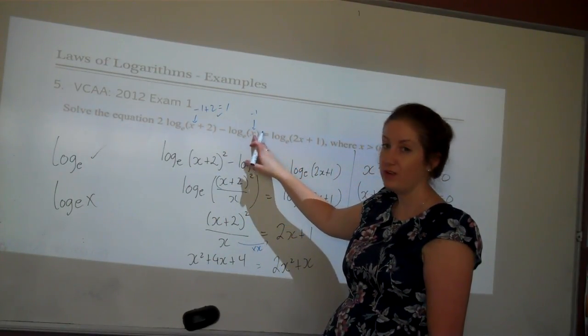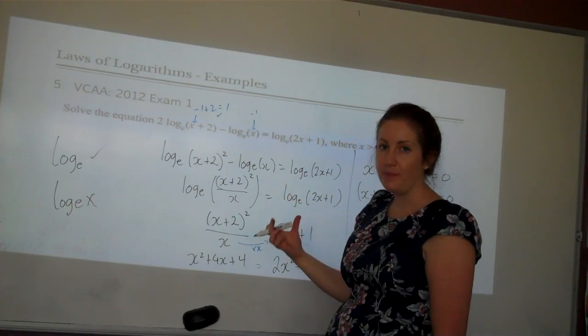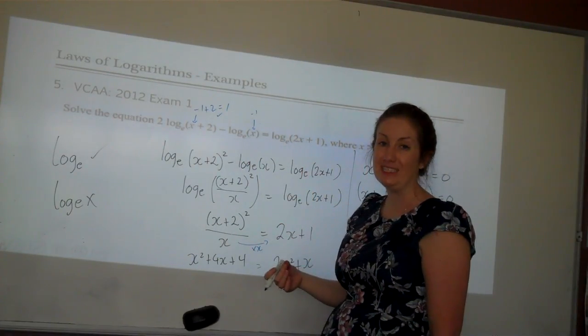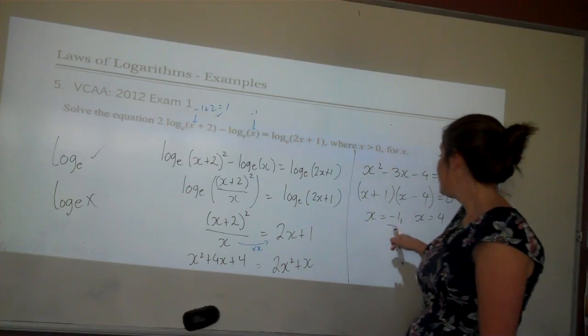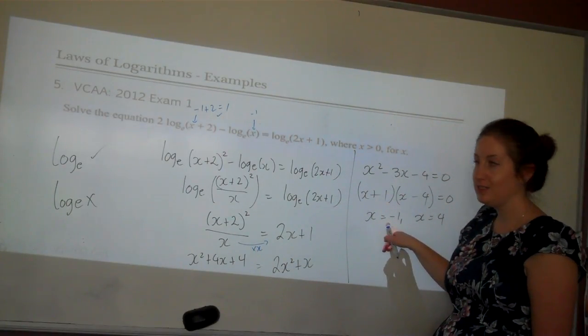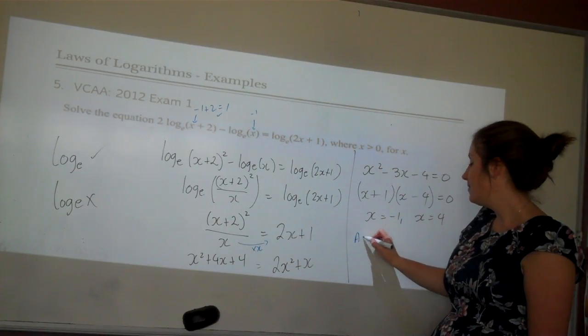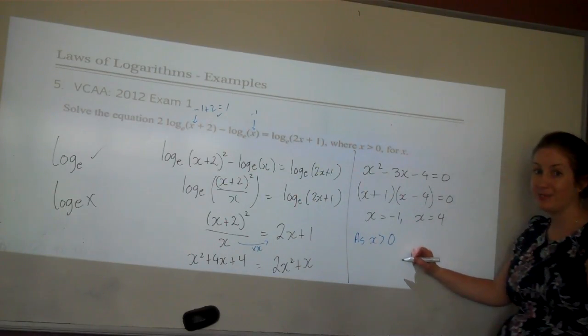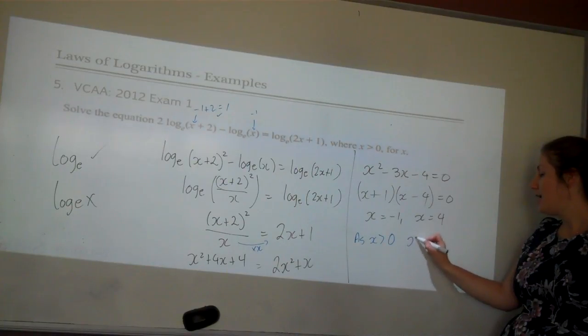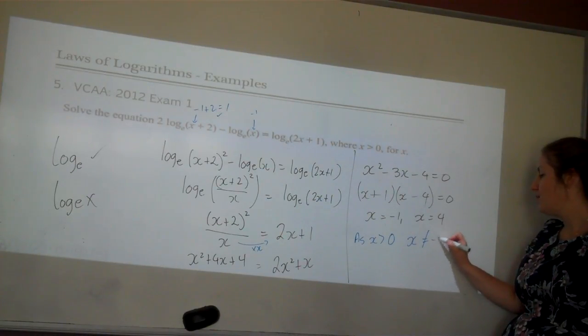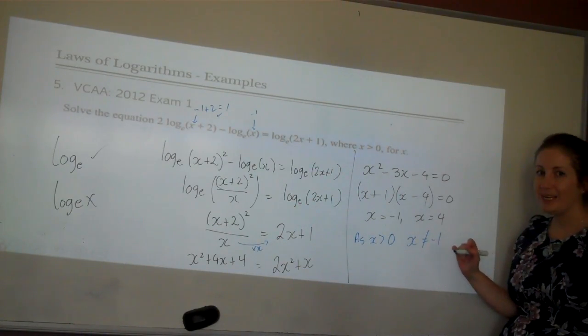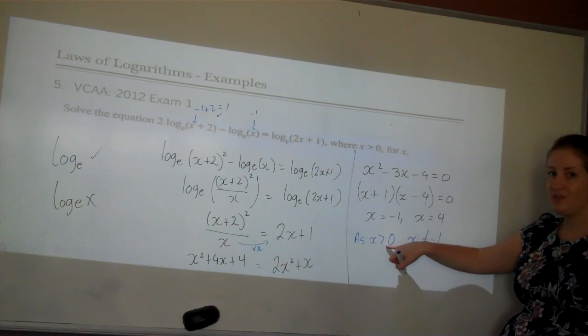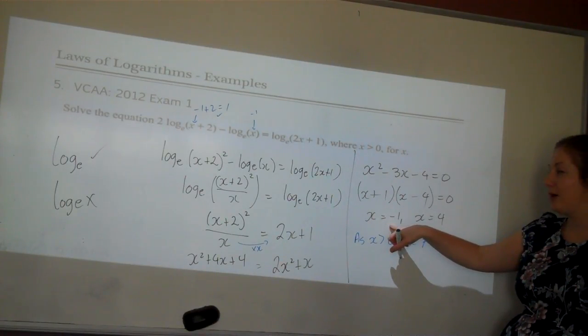Remember, log base e of a number is just a number, and log base e of negative 1 does not exist. So that means this solution does not exist. So we can say as x must be greater than 0, okay, it must be positive, x does not equal negative 1. Similar again to exponential equations, we need to give a reason for why this does or does not happen.